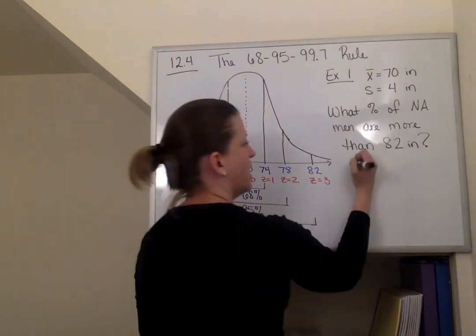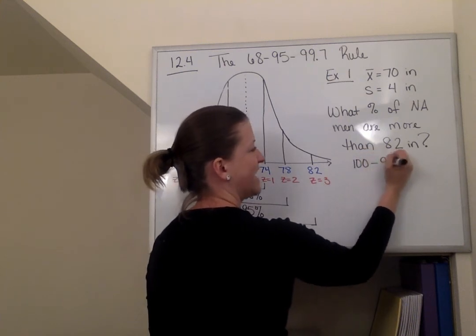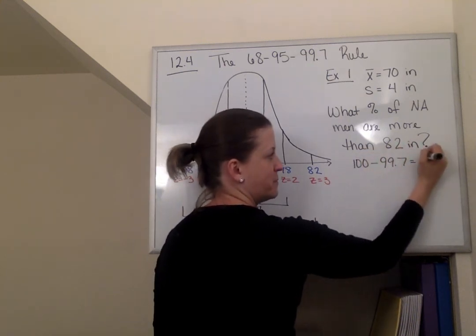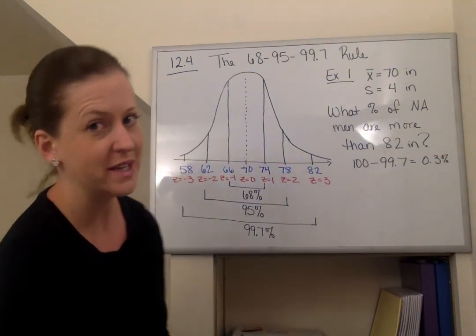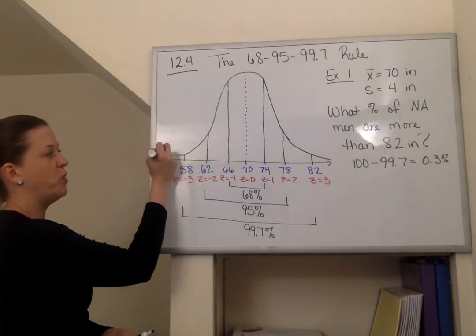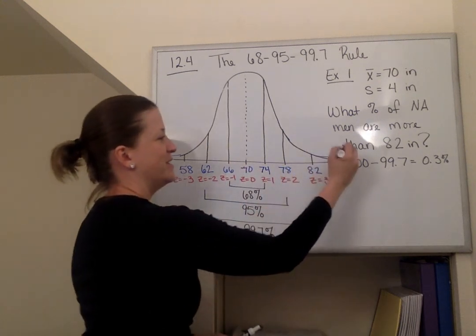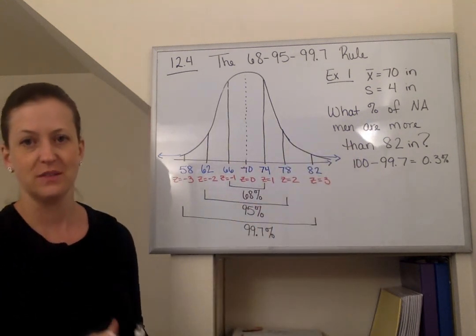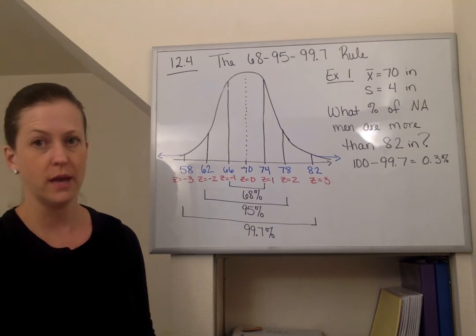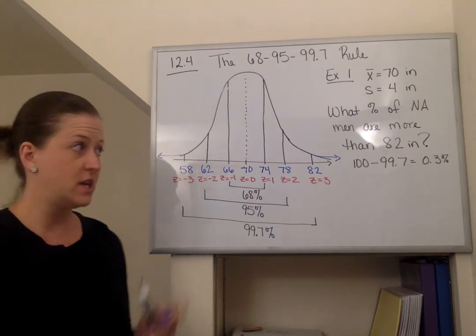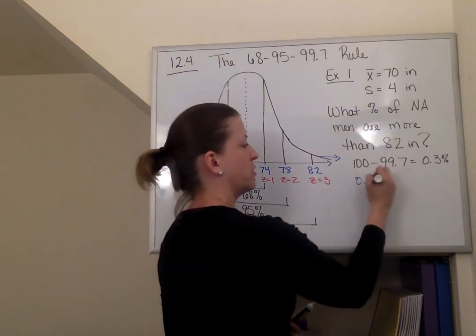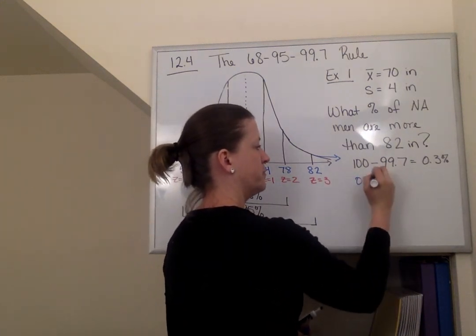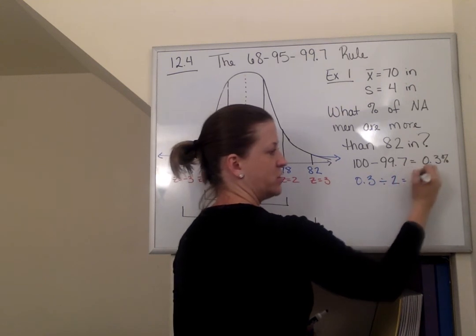So all of this in between 58 and 82 is 99.7%, which leaves not very much. So if you do 100 minus 99.7, that only leaves 0.3% on those little tails. Okay? But each of those tails is only half of that. So what is 0.3 divided by 2?